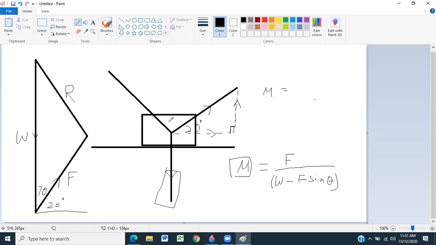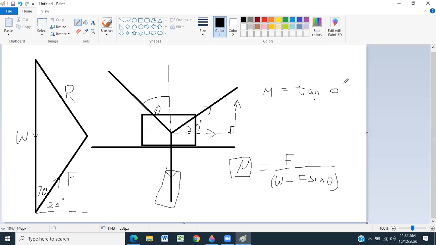Now, okay, good. So the coefficient of friction actually describes this horizontal component, and it describes this angle, right? Just remember, this coefficient of friction that we found is also tan of phi, right?